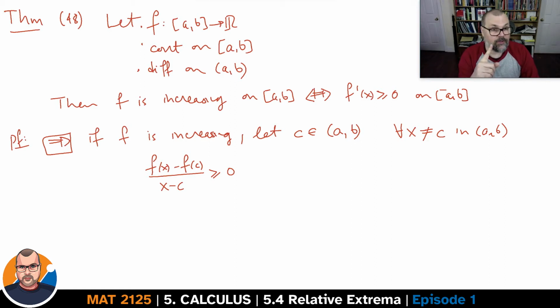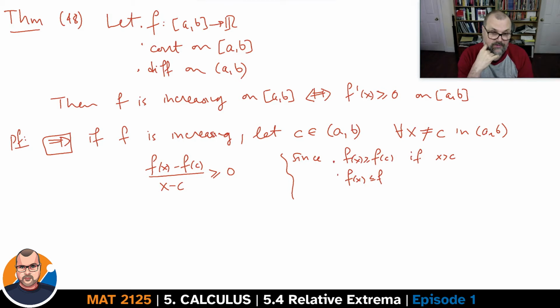Because the function is increasing, either x is smaller than c, in which case f at x is smaller than f at c, in which case this quotient here is non-negative, or x is greater than c, which means that f at c is smaller than f at x, but then, yet again, the quotient is non-negative.